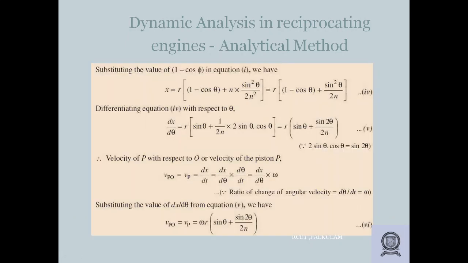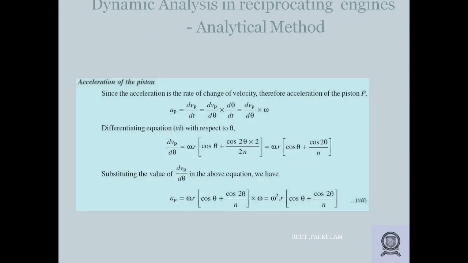Substituting the values in the equation, we get Vp is equal to omega into r into (sin theta plus sin 2 theta divided by 2n). Next is to find the acceleration of the piston.